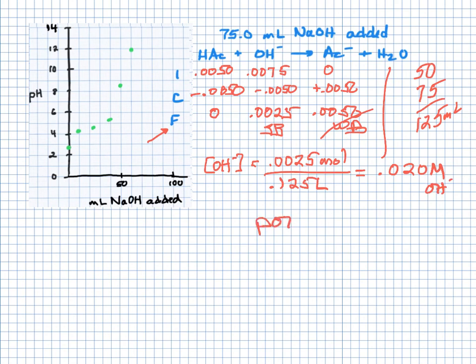So pOH is 1.7 and pH is 12.3. So at 75 milliliters or so, we're like about there. Okay, so this is going to look like that.